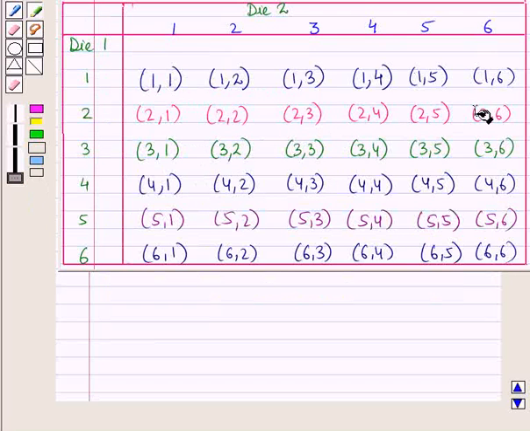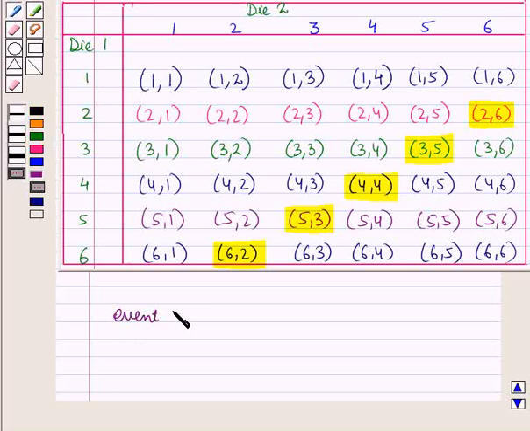Now here you can see ordered pair 2, 6, ordered pair 3, 5, then ordered pair 5, 3, ordered pair 6, 2 and ordered pair 4, 4 are the required ordered pairs, and here we can see that 2 plus 6 is 8, 3 plus 5 is 8, 4 plus 4 is 8, 5 plus 3 is 8 and 6 plus 2 is 8.